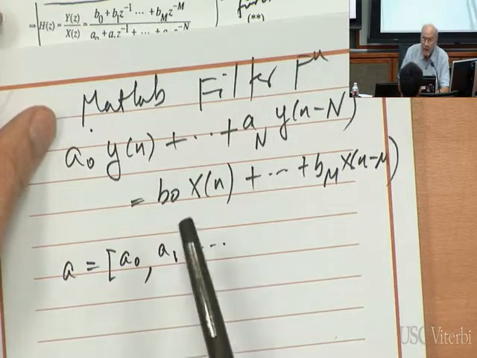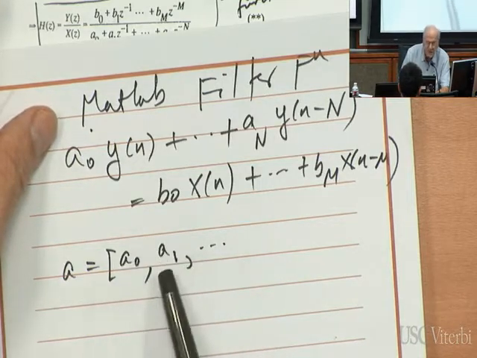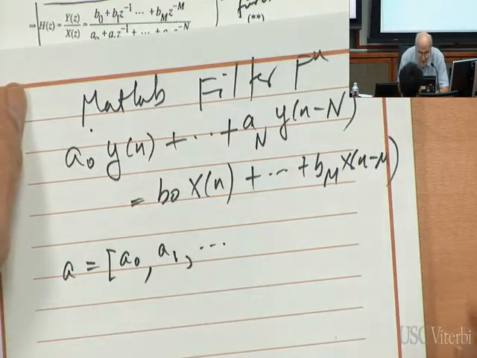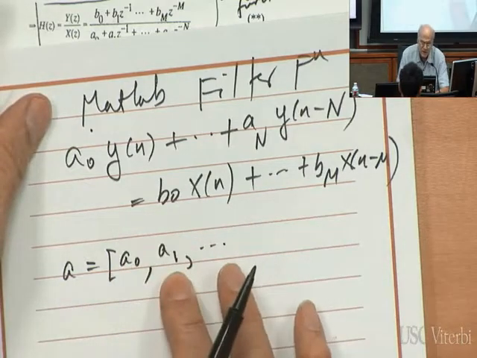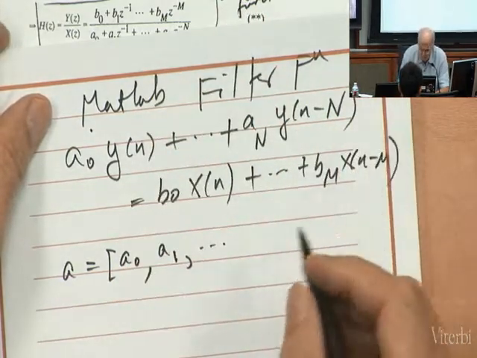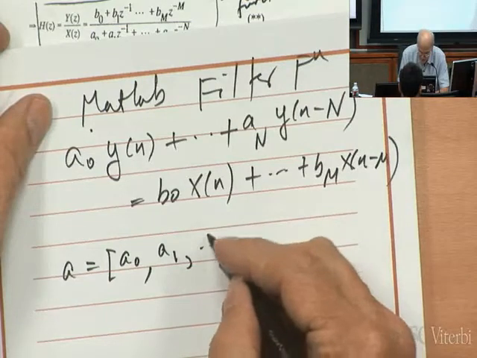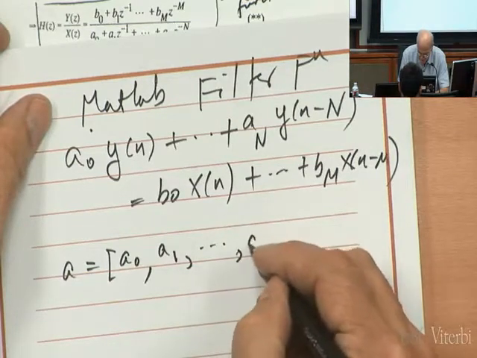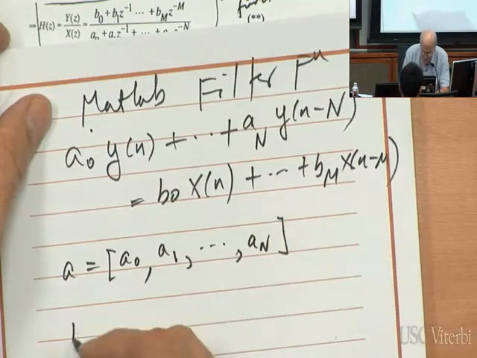In Matlab you can use commas to separate the entries, spaces, or semicolons if you want to make a vertical array. So a, etc., all the way up to a sub n, and the same thing for b.